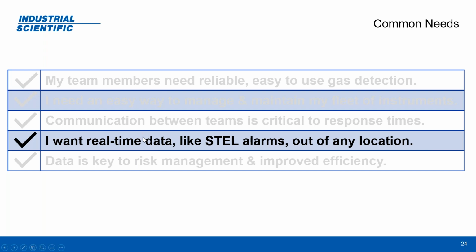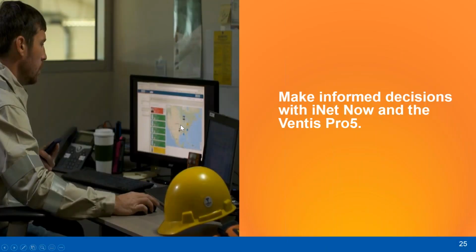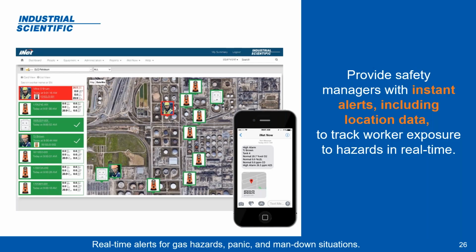We want to be able to see that in real time. That is something else we have the availability to provide to you, allowing you to make good decisions based on your equipment and its performance through iNet Now.